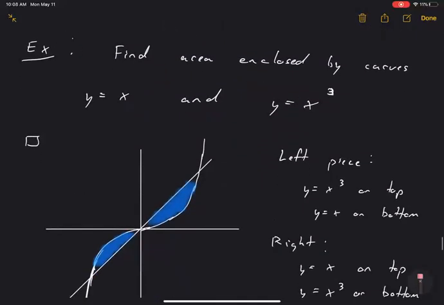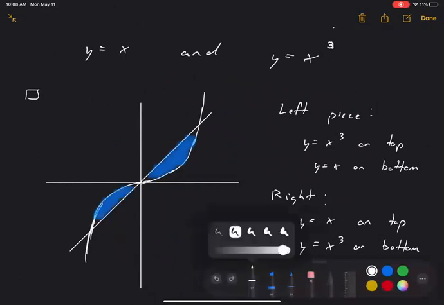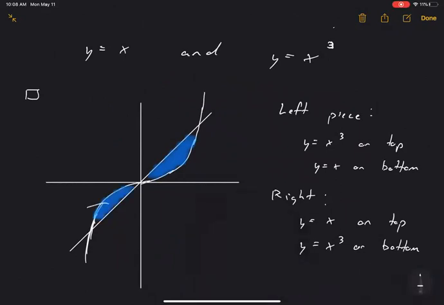So as a last example, let's find the area enclosed by the curves y equals x and y equals x cubed. Okay, so if I draw my region, I again see this is a situation where I have curves swapping positions. In this left piece here, y equals x cubed is on top, and then y equals x is on bottom.